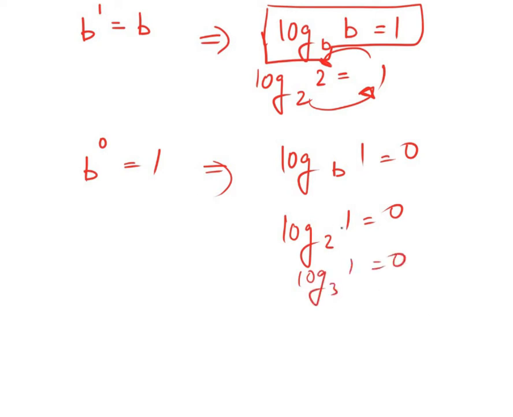So what I'm trying to say is that the base doesn't really matter if you're trying to find the log of 1. Why? Because whichever base you are dealing with, when you raise that base to 0, the answer will always be 1. These are in total 5 rules of log.